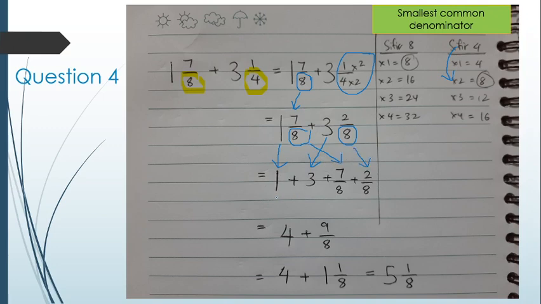So whole number add up become 4, fraction add up become 9/8. Okay, so this is whole number already, do not change.